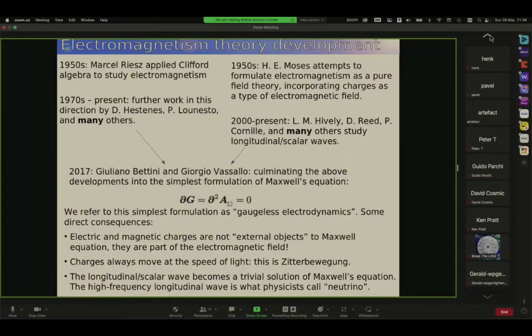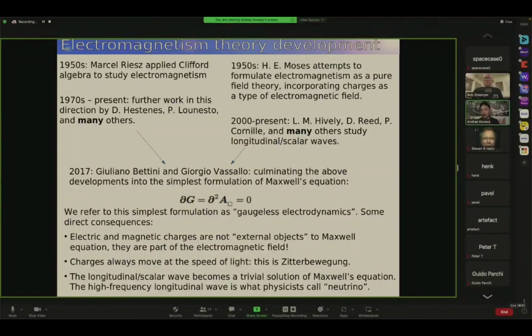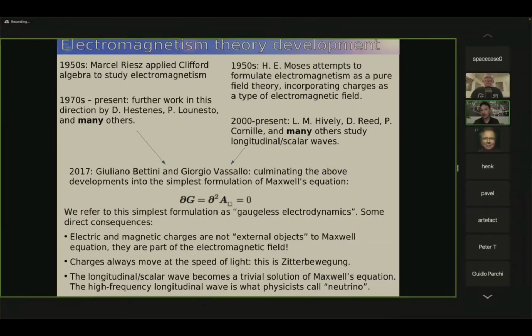And that's again not a new idea. Schrödinger and Dirac have recognized this idea already, but it has been challenging for them to put it into equations, and this now directly follows from this Maxwell formulation. The other consequence is that longitudinal scalar waves now become a trivial solution of Maxwell's equations.